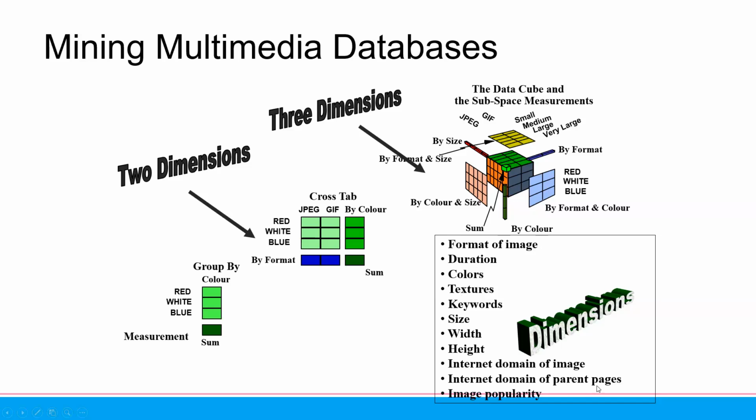For example, whether it is in the parent of the university, or the IME belongs to the engineering faculty, okay, or the industrial engineering belongs to the global campus. So we can have some parent or hierarchical structure, image popularity, and so on. So the dimension can be anything. So you can make different dimension to create this kind of data cube.